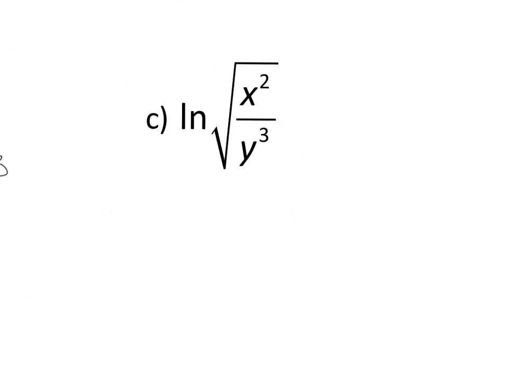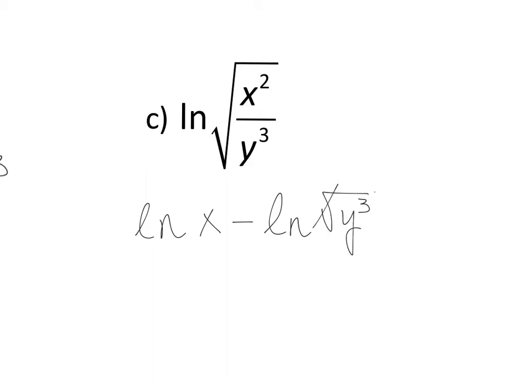Okay, next we have natural log. So natural log is our base. We can distribute the square root to both parts. And so the square root of x squared is just going to be x. The y is in the denominator, so it's going to be minus natural log of the square root of y cubed.